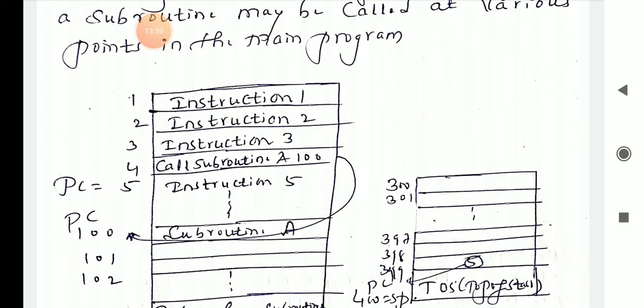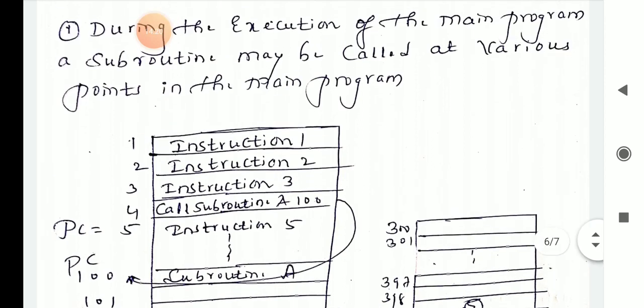Okay, so how are we going to find that? Means what? For that instruction 4, I want to call, my value should be 100. Means I want to search my 100 value in that fourth position.